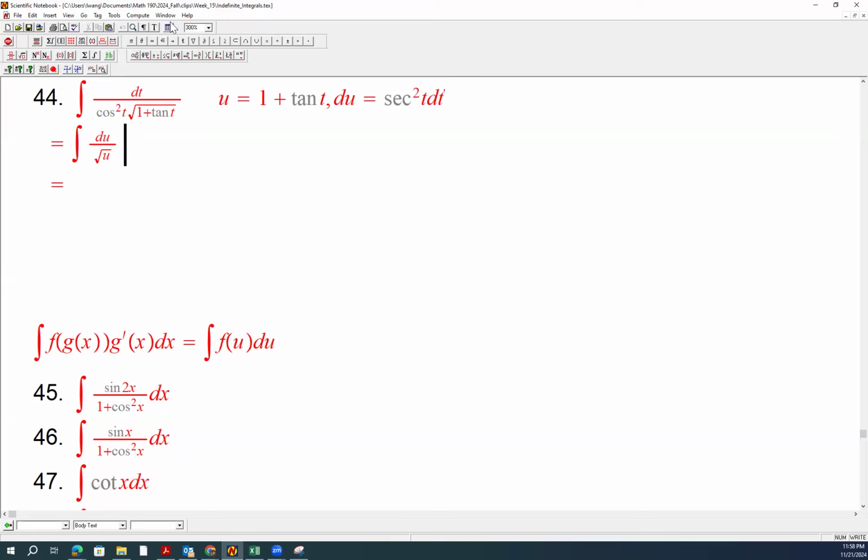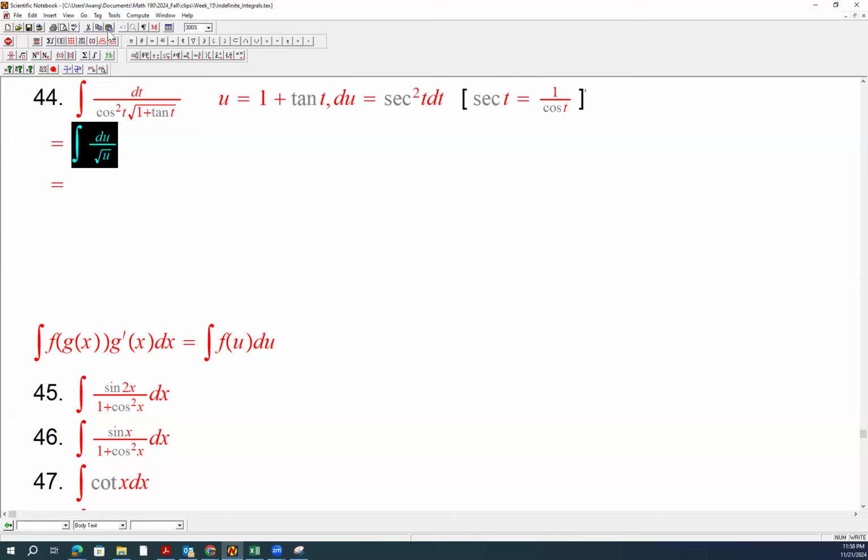Let me just write down that fact for you. By definition, secant t equals 1 over cosine t.